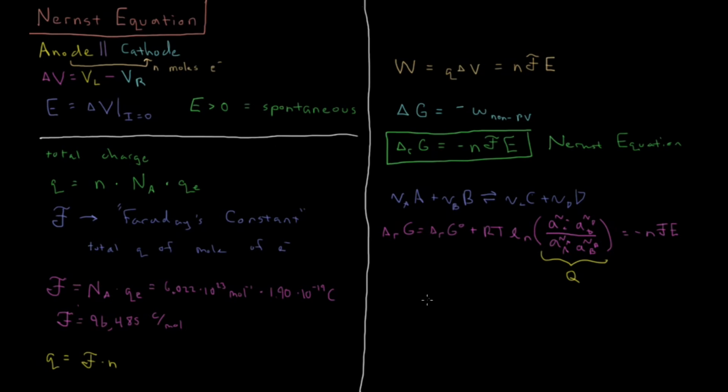So what we have here is the EMF of our cell is equal to, and just like we have a standard Gibbs energy, we're going to have a standard EMF, minus the gas constant times temperature divided by number of moles of electrons times Faraday's constant, over nF times natural log of Q.